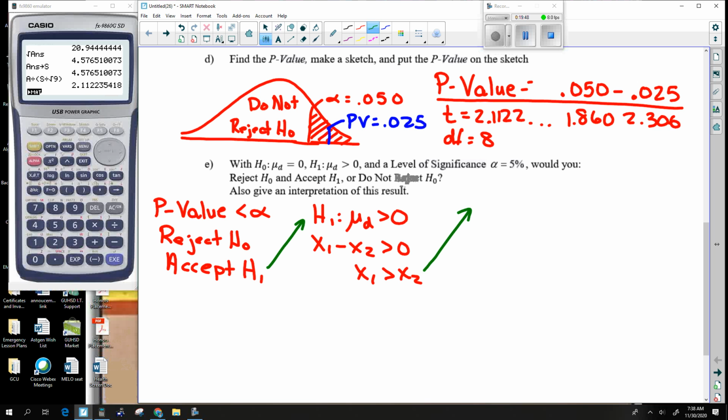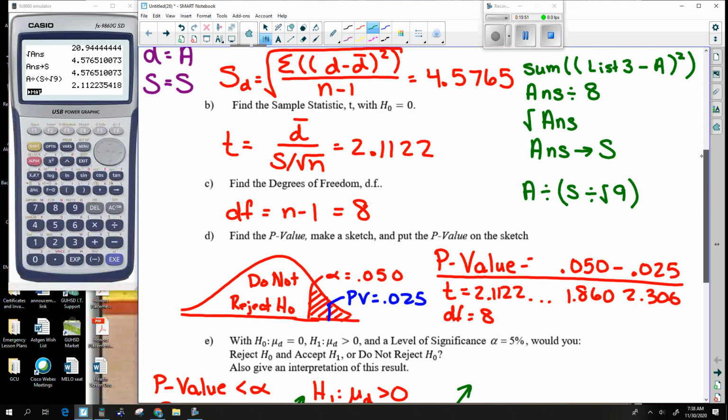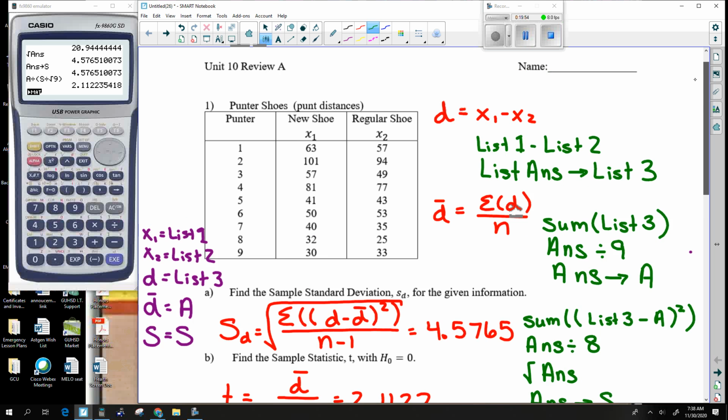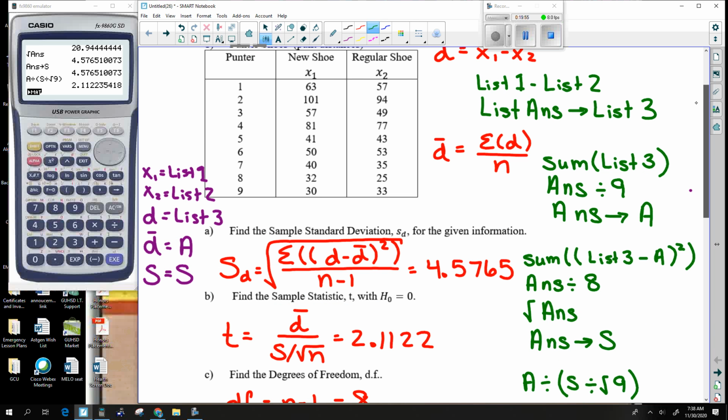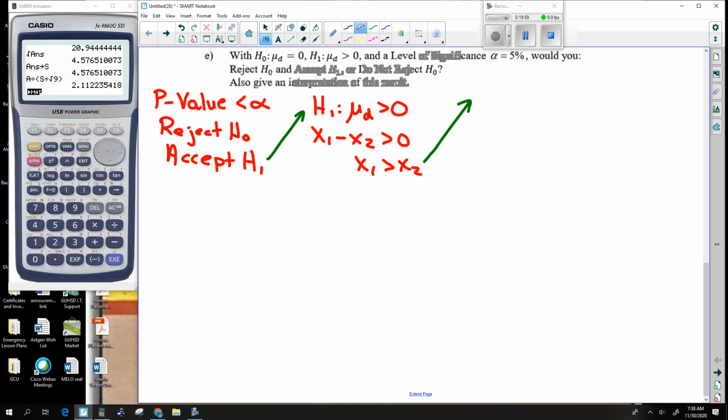Cool. So this is what we have to say. So x1 is greater than x2, x1 being the punt distance of the new shoe, x2 being the regular shoe.